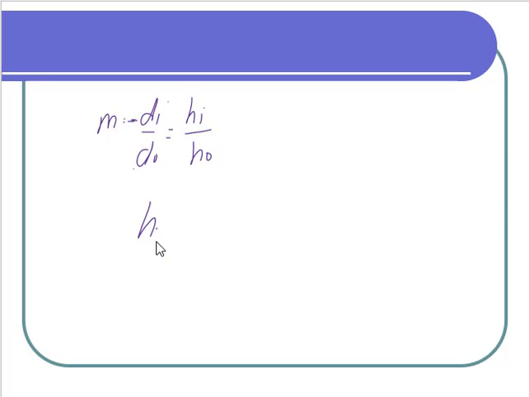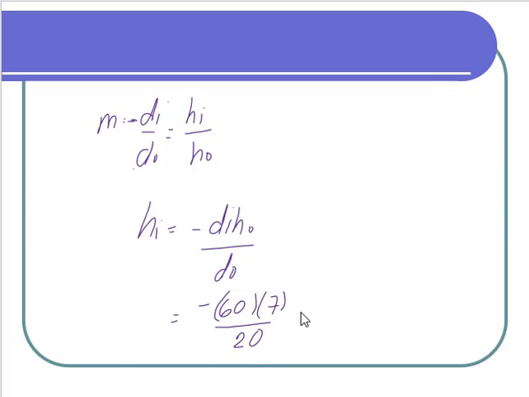So height of the image is just as simple as negative di times ho divided by the distance of the object. So in our solution before, we have 60 as the distance of the image. The height of the object is 7 centimeters, and then the distance of the object is 20 cm. So our answer here for the height of the image, let's check.